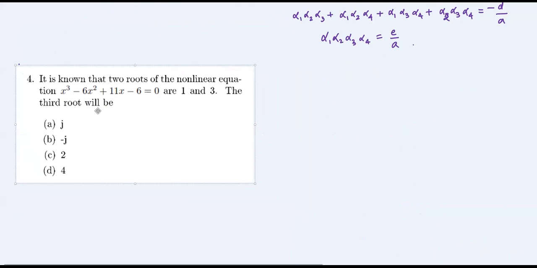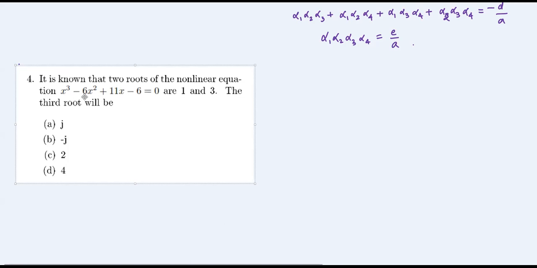Then the third root will be. Now this is a third degree cubic equation and two roots are real. So that means the third root also has to be real. There is no question. Third root has to be real, because if it's a complex root, it has to occur in conjugate pairs, because this is a polynomial equation with real coefficients.